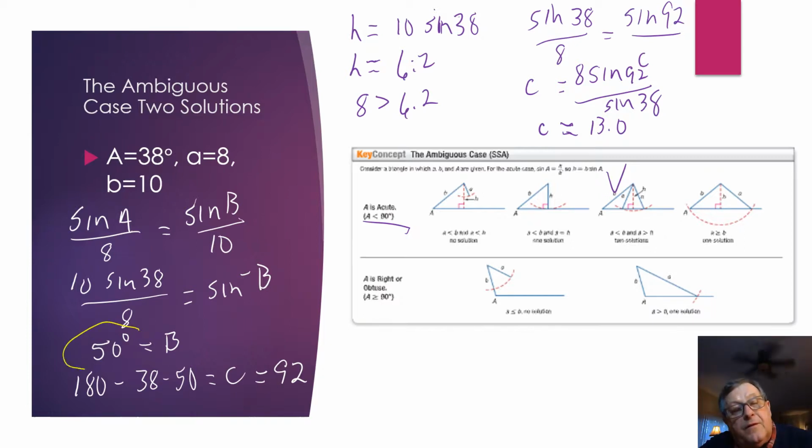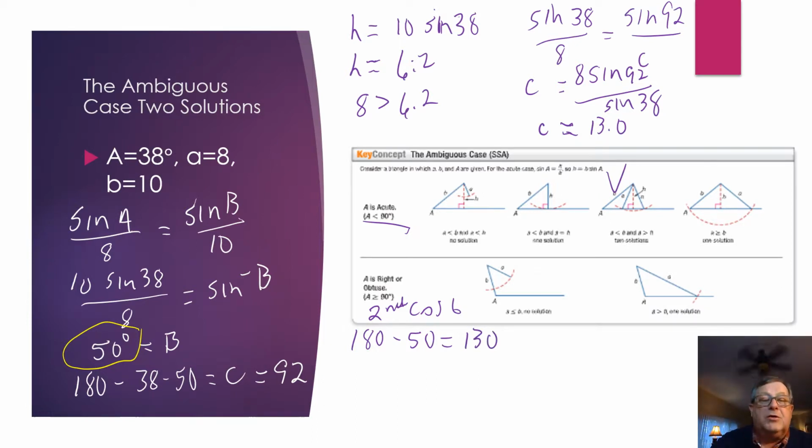In other words, it's either going to be 50 or it's going to be 180 less 50 for angle B. So in our second case, then B would be 180 minus 50, or 130. What I did is I just took what we originally found for angle B and subtracted it from 180 and said, okay, if it's not 50, then maybe it's 130.